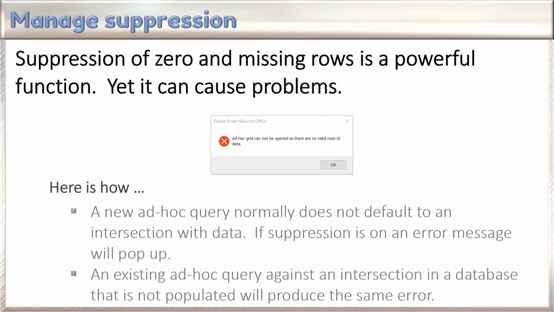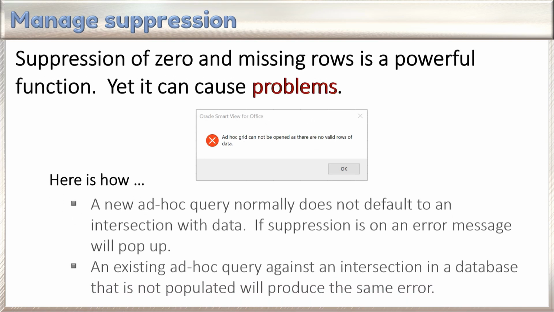Suppression of zero and missing rows is a powerful function, yet it can cause problems. Here's how. A new ad hoc query normally does not default to an intersection that contains data. If suppression is on, an error message will pop up when the query is initiated.